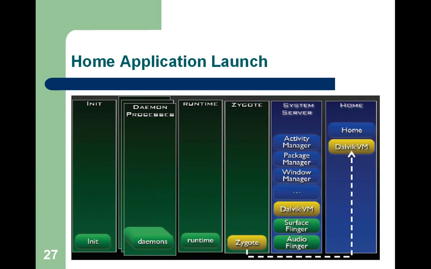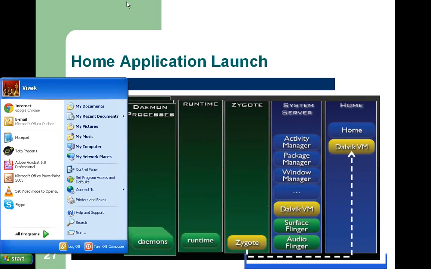So the home application becomes our first application. Any application launched after that comes on top of that. This home application launch helps us to understand the whole flow of what is happening inside when any application or process is getting launched.